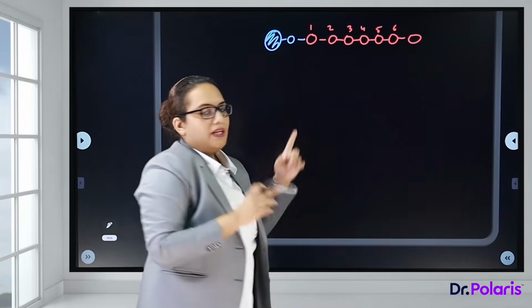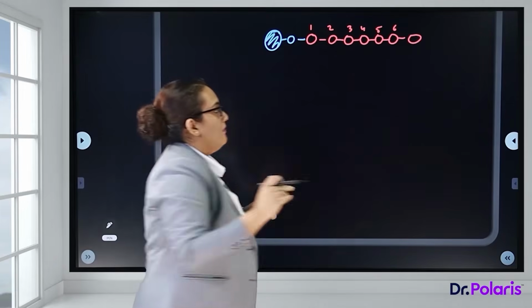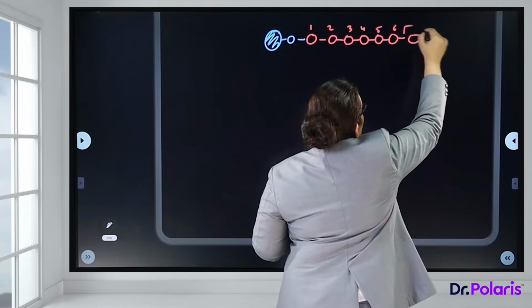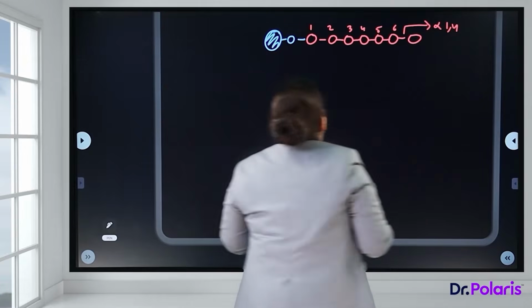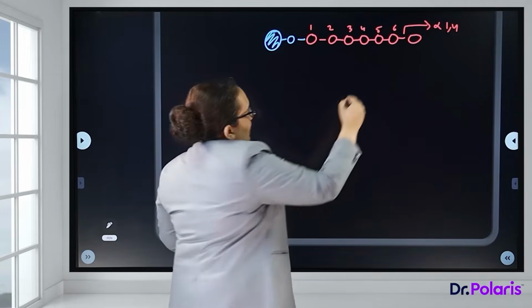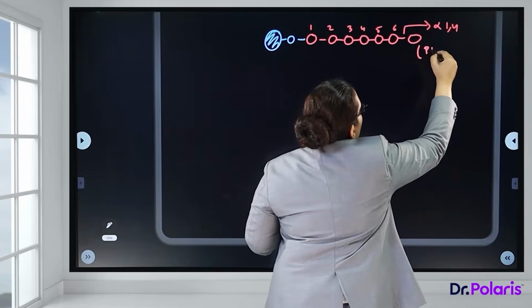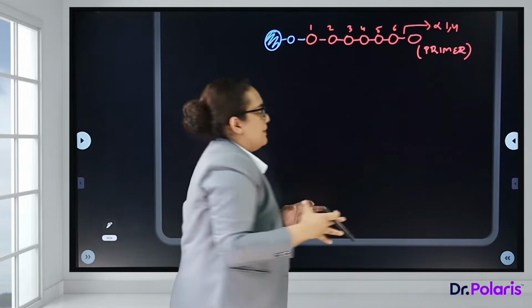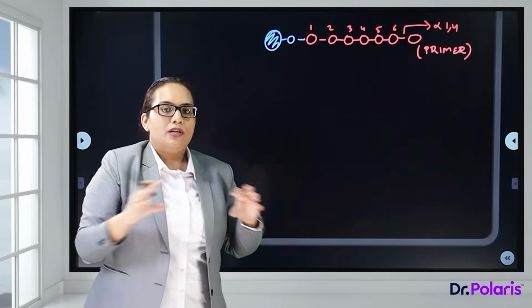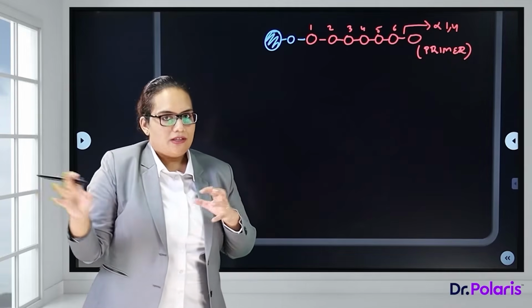The bond formed between the individual glucose unit is an alpha 1,4 glycosidic linkage. That is one thing you need to remember. Now once the glycogen primer is there, what happens in the next step is a straight chain or an amylose component of the glycogen is formed.